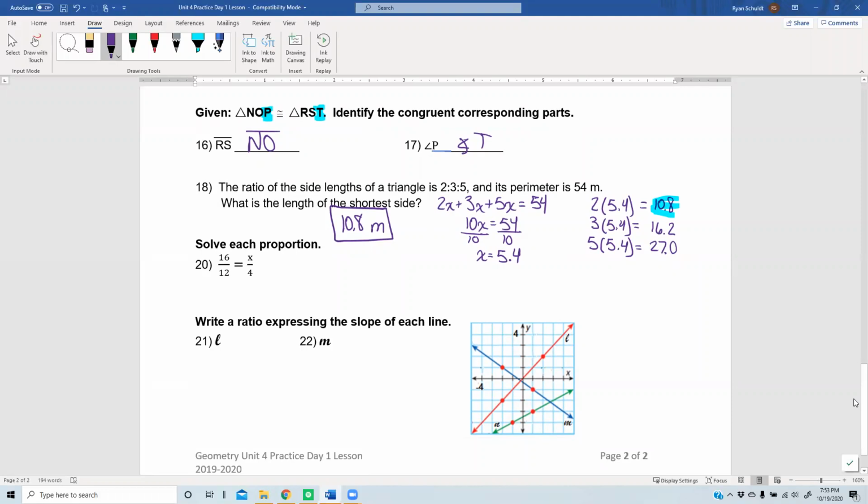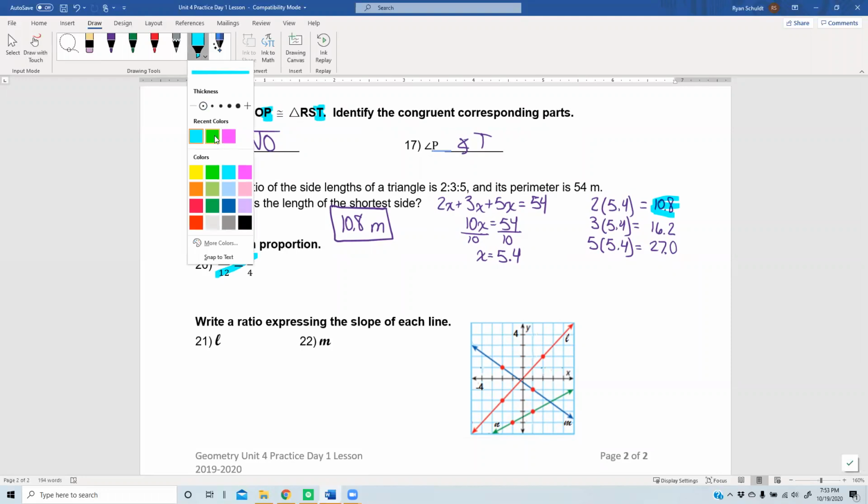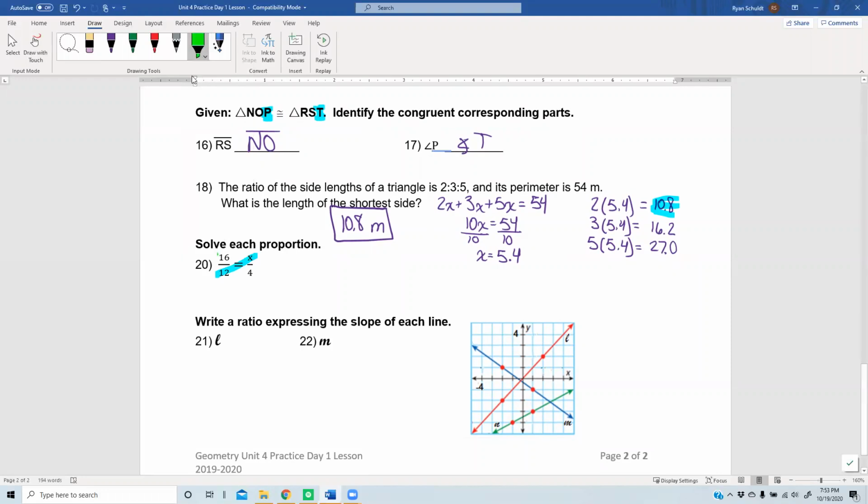Number 20, they ask you to solve the proportion. So this is where we have to do the butterfly method. So 12 times x equals 16 times 4. So it'll be 12x equals 64 divided by 12.